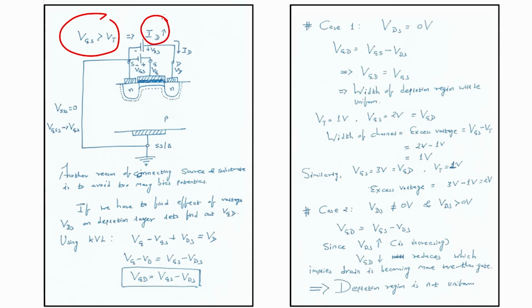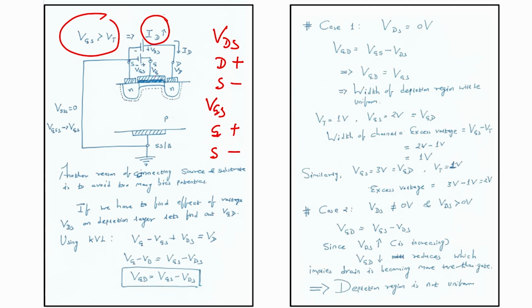What is the case here? You see, VDS, drain is positive with respect to source, VGS, gate is positive with respect to source. Okay. So, what will happen? When my gate is positive with respect to source and drain is positive with respect to source, the drain will start attracting the electrons from the source.